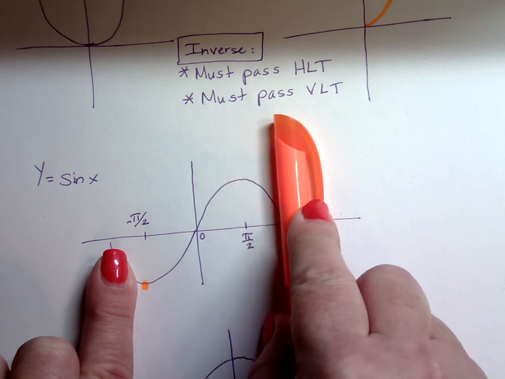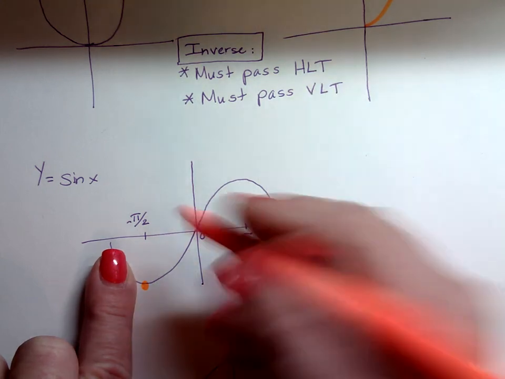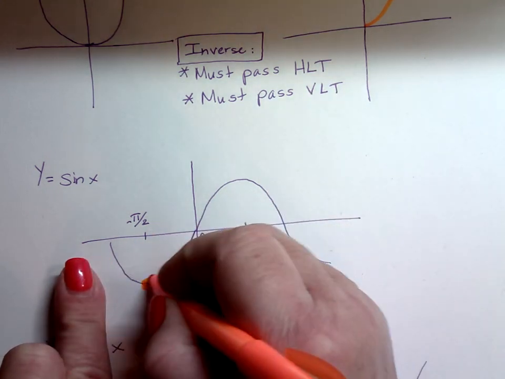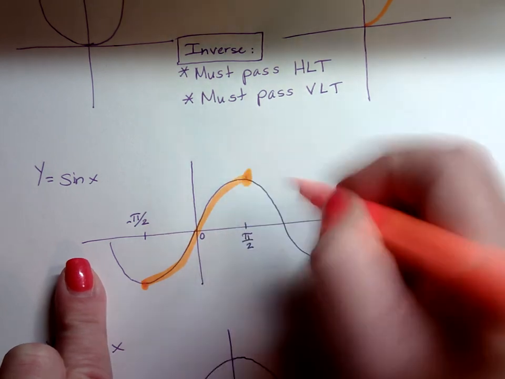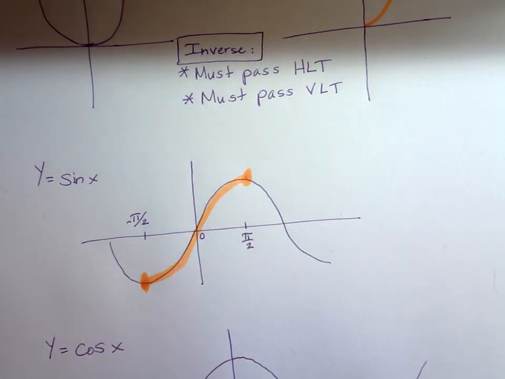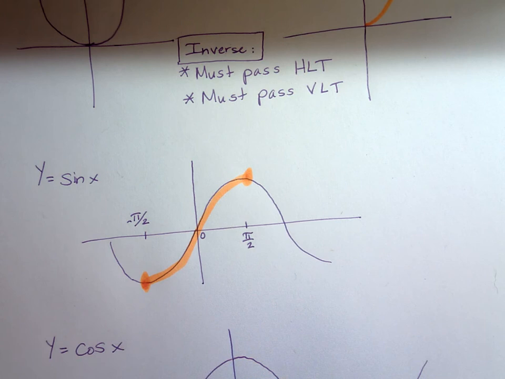If I keep going, oh, no longer works. All right, so I can go from negative pi over 2 to positive pi over 2. And that part right there is going to pass the vertical line test and the horizontal line test.